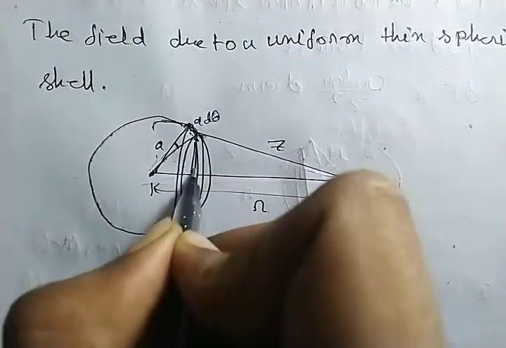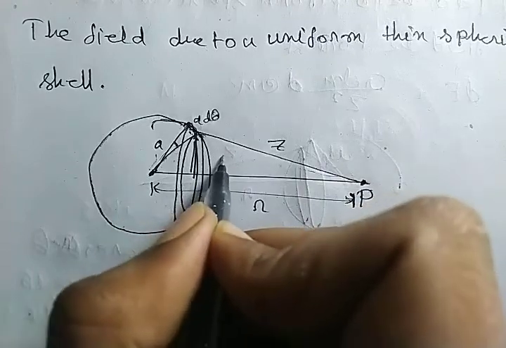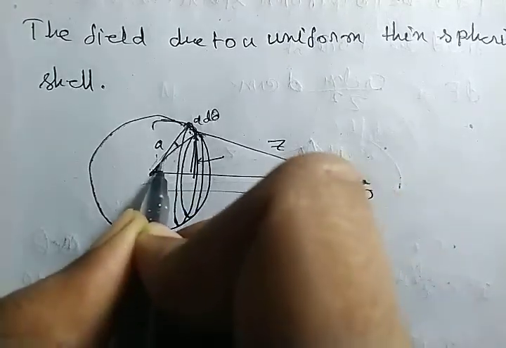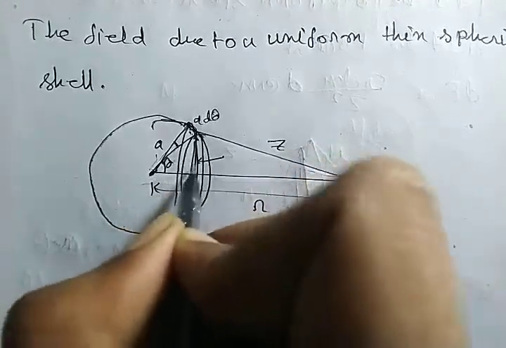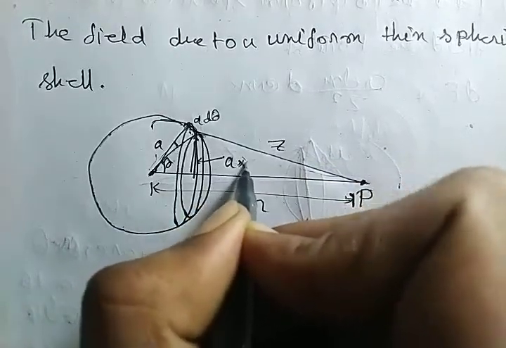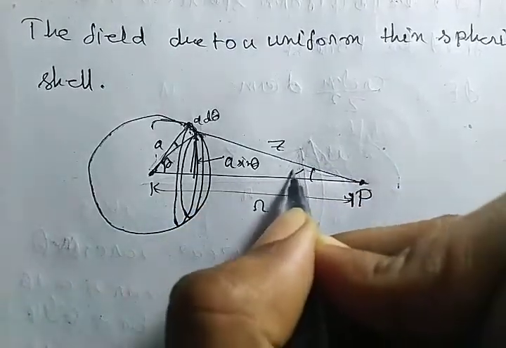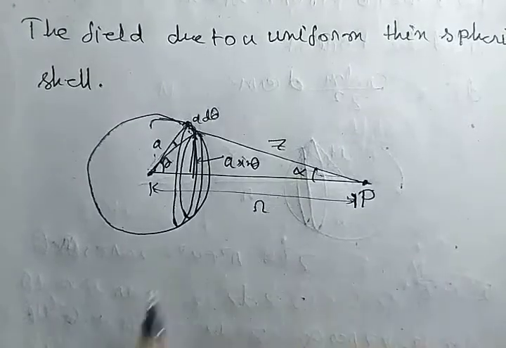If we take a perpendicular here, and this angle is theta, its length would be a sine theta, and we will consider this other angle as alpha.